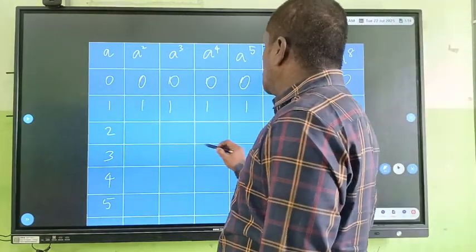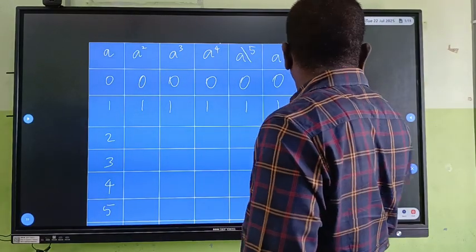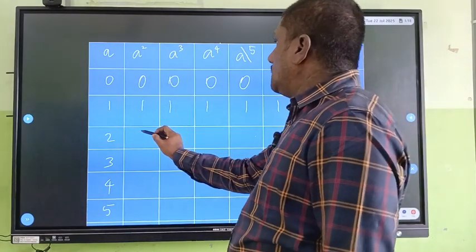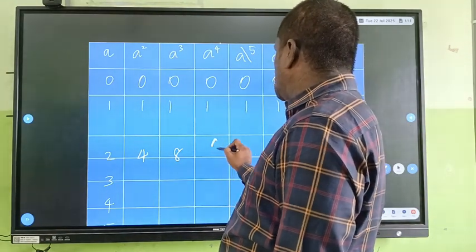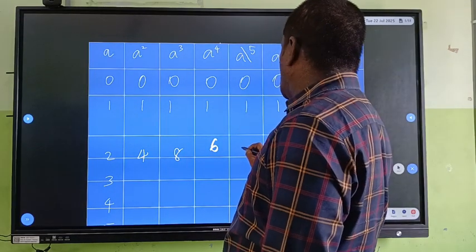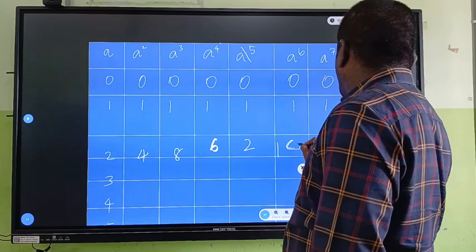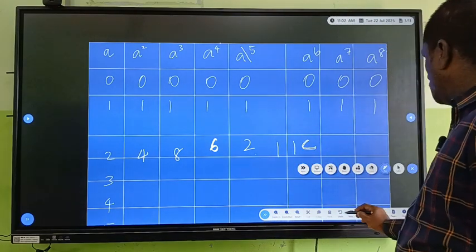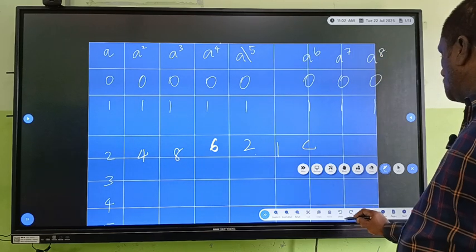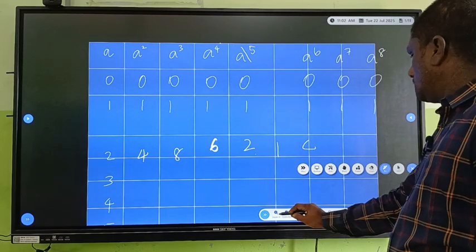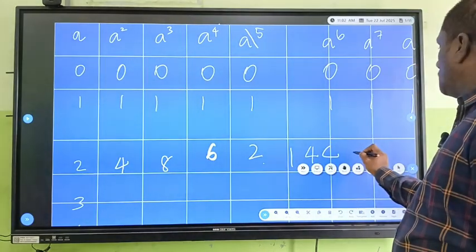Now if I take the number 2 and keep multiplying, I get 4, followed by 8, followed by 16, and the last digit is 6. Then it goes to 2, again 4, 8 and 6.